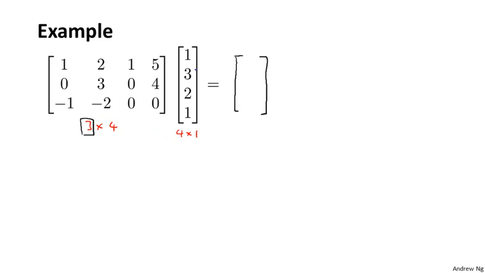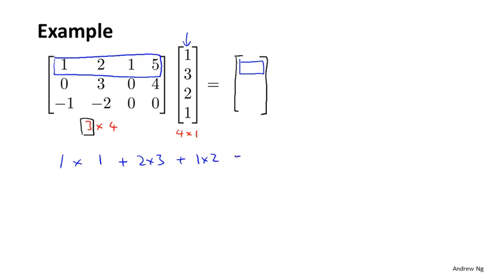So for the first element, I'm going to take these 4 numbers and multiply them with the vector x. So I have 1 times 1 plus 2 times 3 plus 1 times 2 plus 5 times 1, which is equal to, that's 1 plus 6 plus 2 plus 5, which gives me 14.